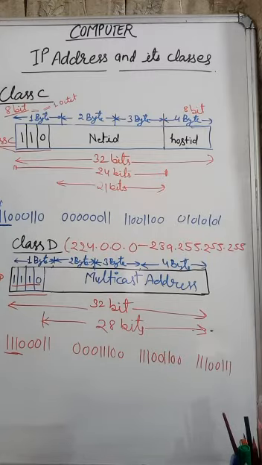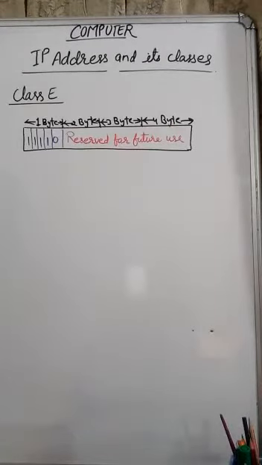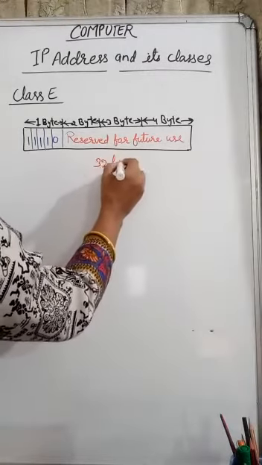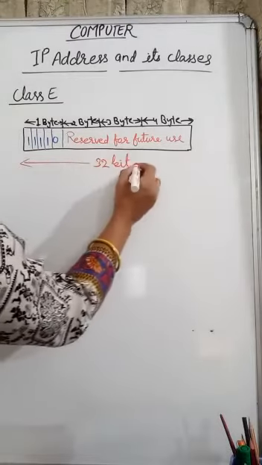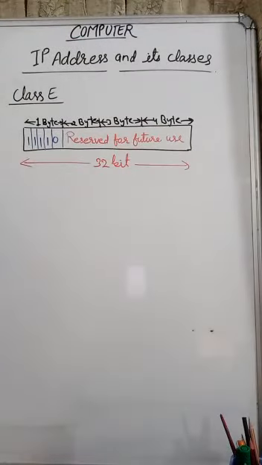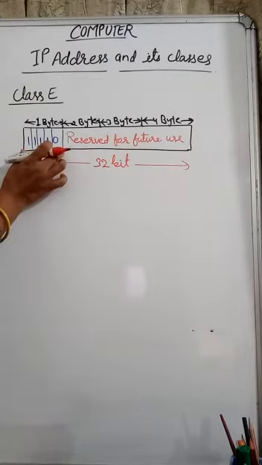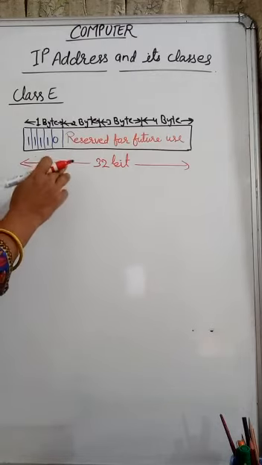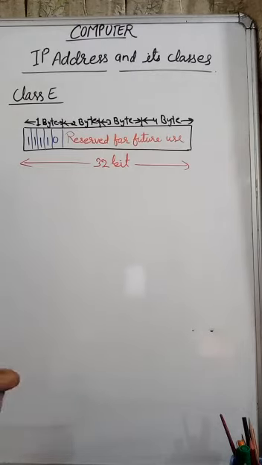Okay, now class E. See here, class E IP address. This is also a 32-bit IP address, and in class E, the 1 byte or 1 octet is reserved by the Internet for special use. There is no net ID or host ID. The class E is reserved by the Internet for special use.